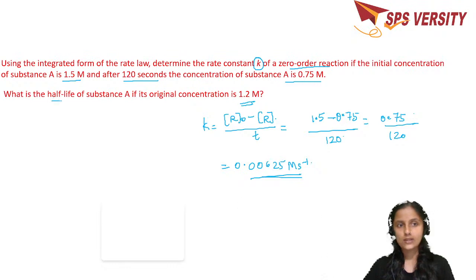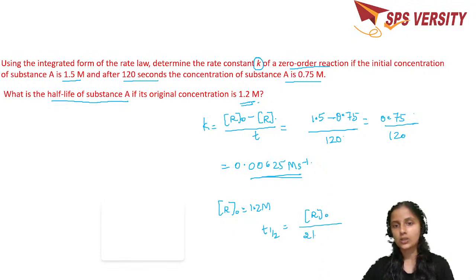And what is the half-life of the substance if the original concentration is 1.2 molar? So they have given you the R0 value, which is 1.2 molar. What you are supposed to find out is the half-life of the substance. So T half is equal to initial concentration divided by 2K. R0 is 1.2 divided by 2 times K, which is 0.00625.